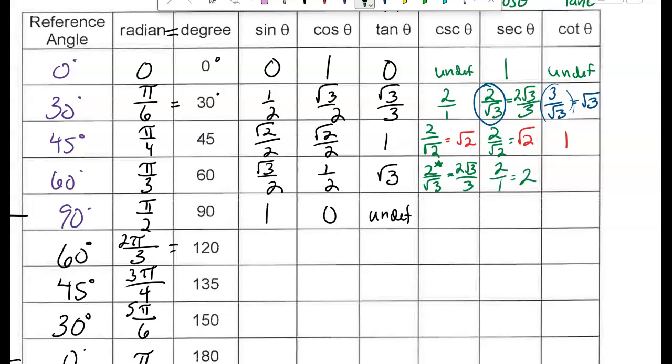Exactly. All right, next one. What's going to be the cotangent of 60? 1 over root 3. Can anyone guess what that rationalizes down to? Root 3 over 3. Have you noticed the root 3 and root 3 over 3 are just reciprocals of each other, just a quick flip? They're really nice.